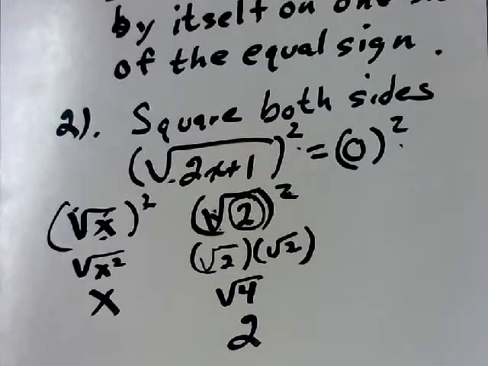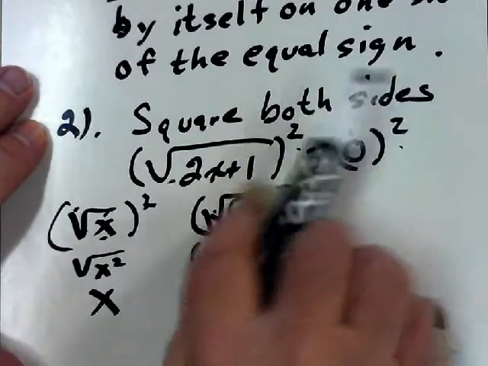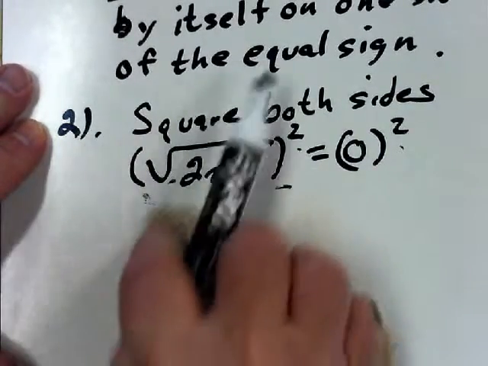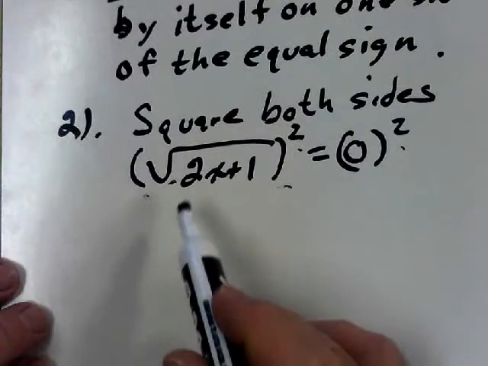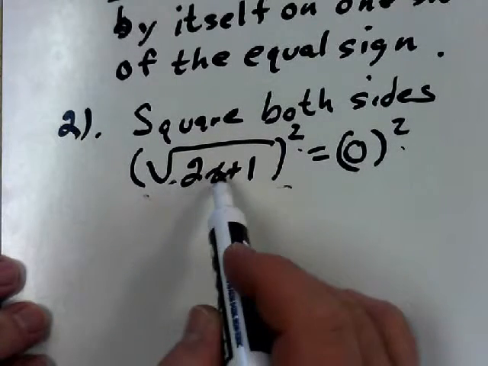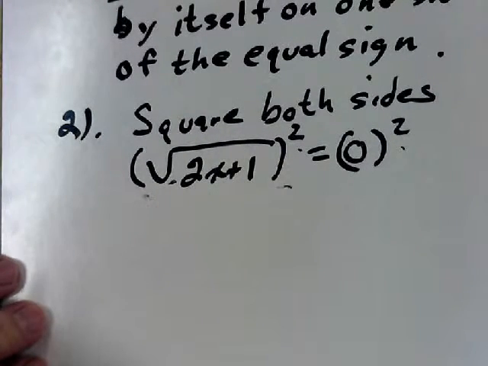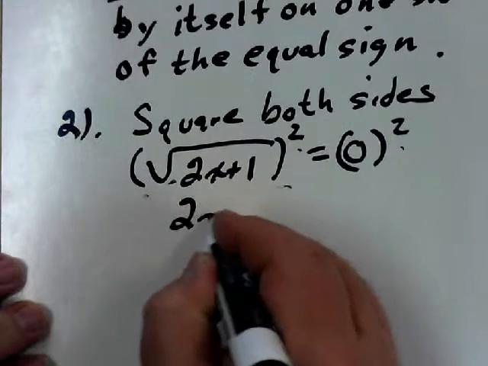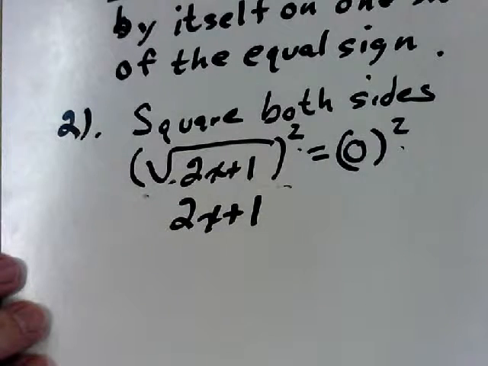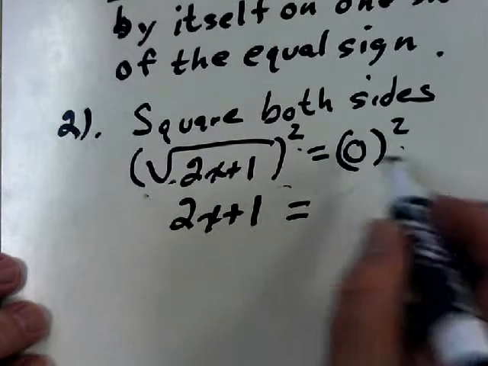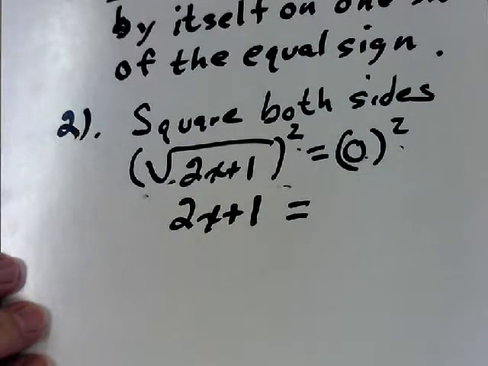Okay? So keeping that in mind, as I square the square root of 2x plus 1, what will I get? 2x plus 1 without the radical. And what's 0 squared? 0.